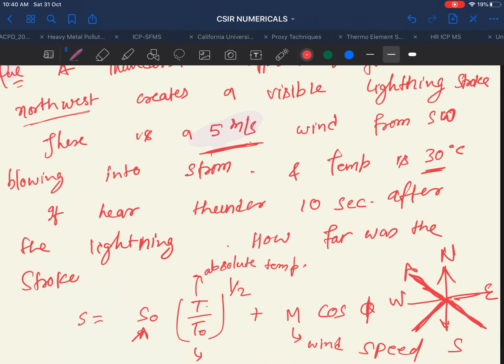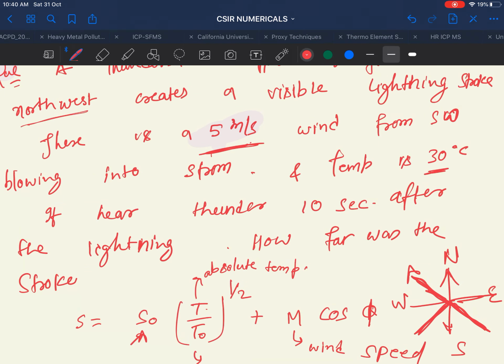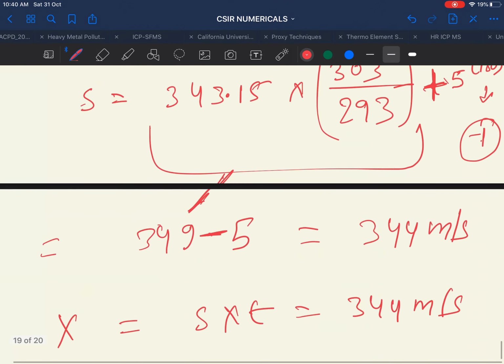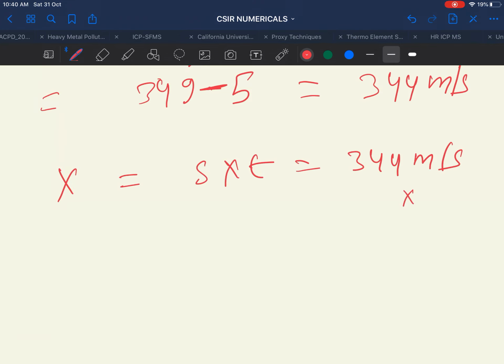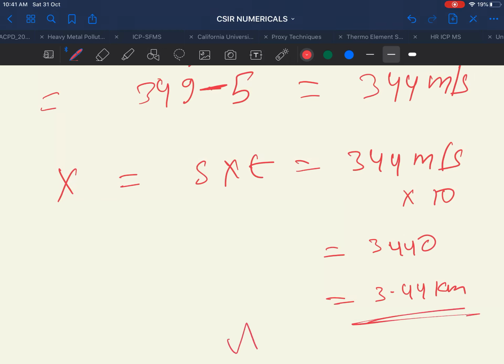If we hear thunder after 10 seconds, so we now multiply this with time. So this becomes 3440, or we can write 344 kilometers. So the correct answer is the stroke took place 344 kilometers away.